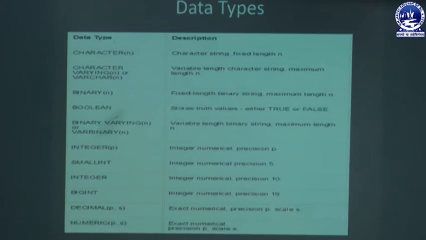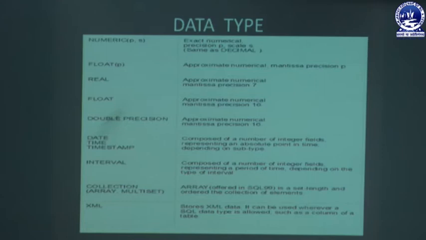Similarly, the decimal and numeric data types are there. Then there are other data types, like float, which are approximate numerical with mantissa precision p: real, float, and double precision.